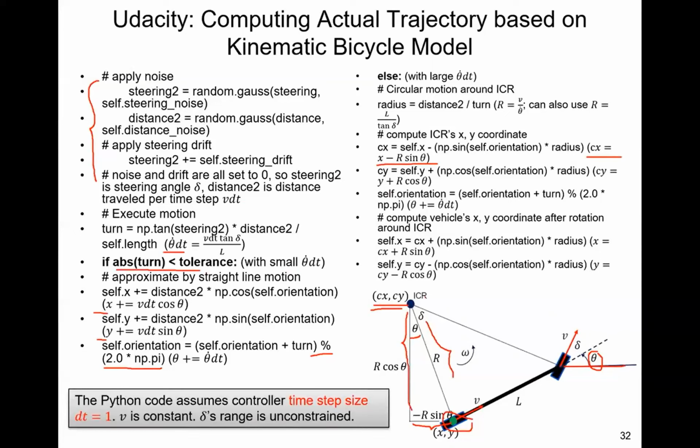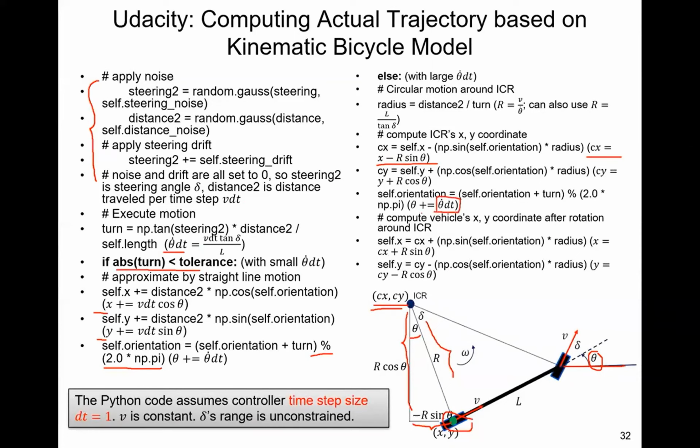Once you derive the ICR's coordinates, you can perform a rotational motion around this ICR for an angle of turn theta dot dt.